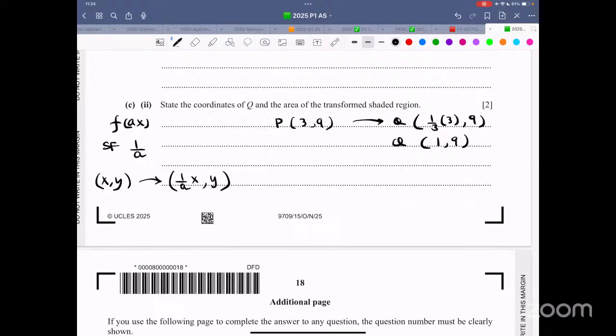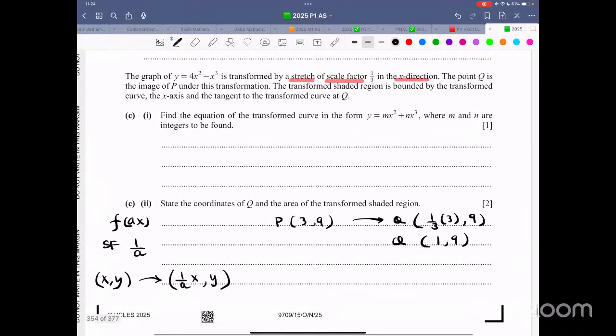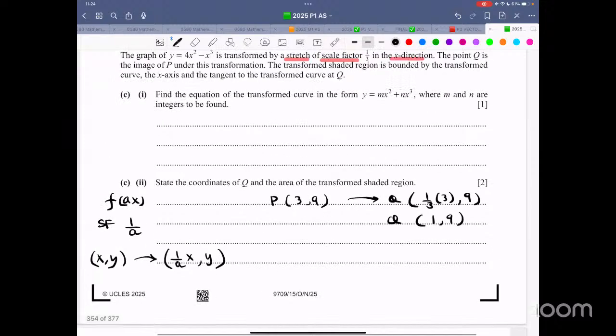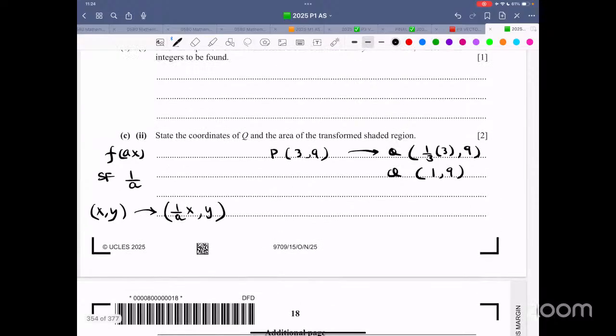What is happening is that the area will be transformed. And what else is there? So now think about it, the area of this transformed curve, if first it was 3,9, now it's becoming 1,9, correct? So now it's moving that way. The x coordinate is multiplying with 1/3.